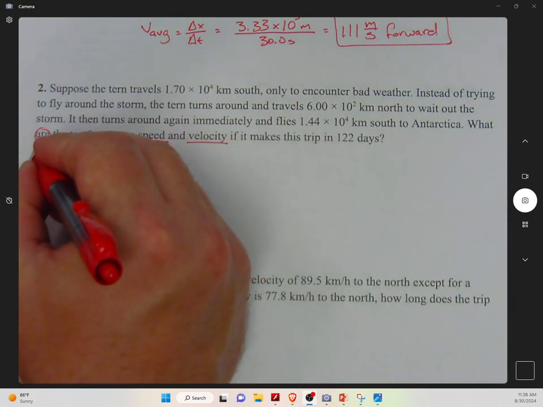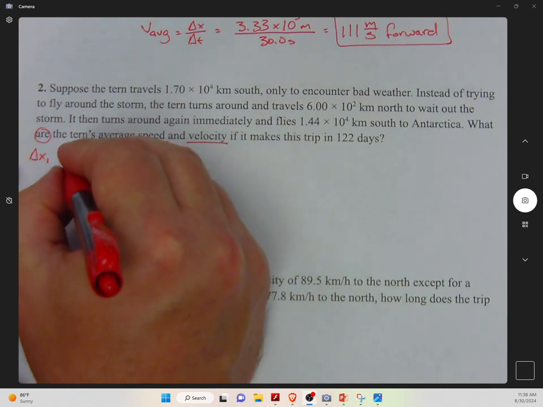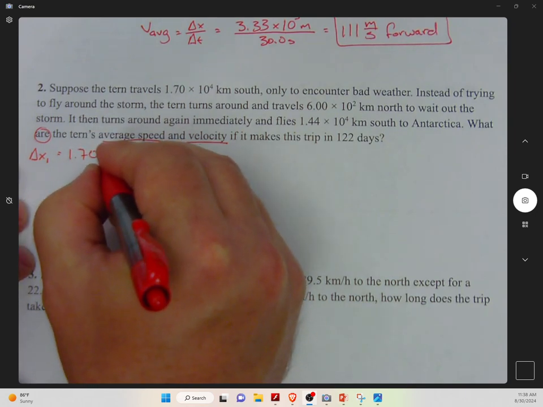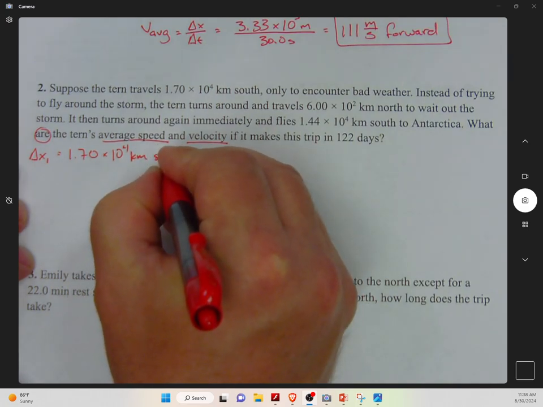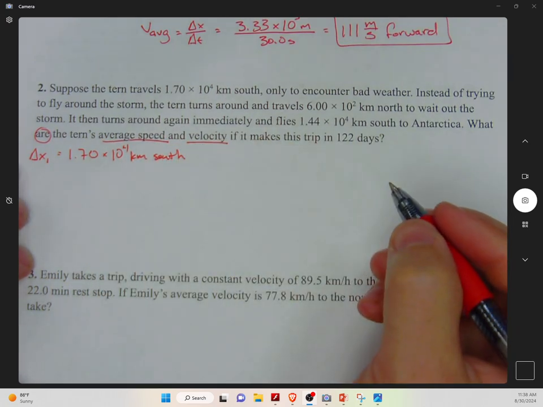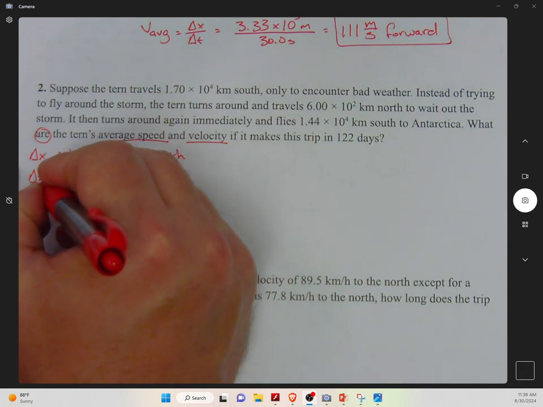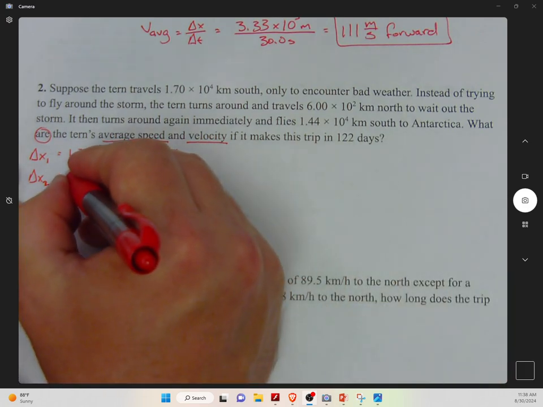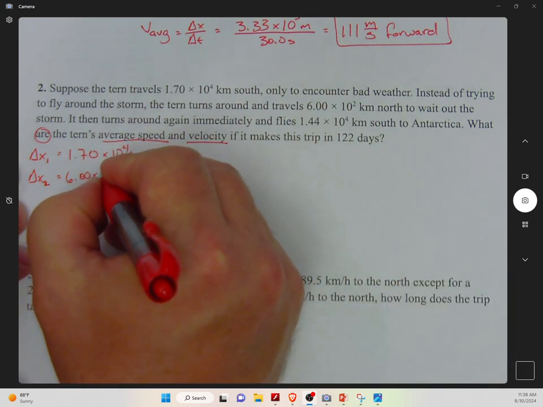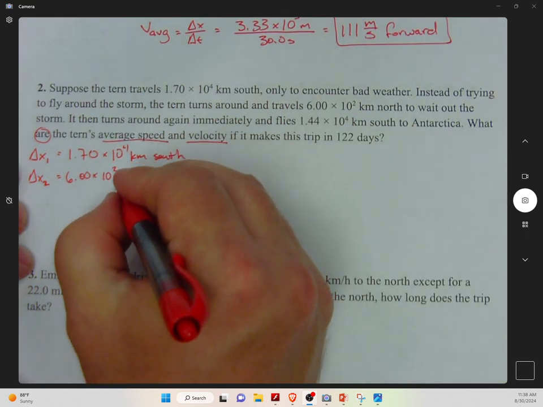Now, my first delta x, 1.70 times 10 to the fourth kilometers south. Cool? My second little jaunt from my tern, 6.00 times 10 to the second kilometers.